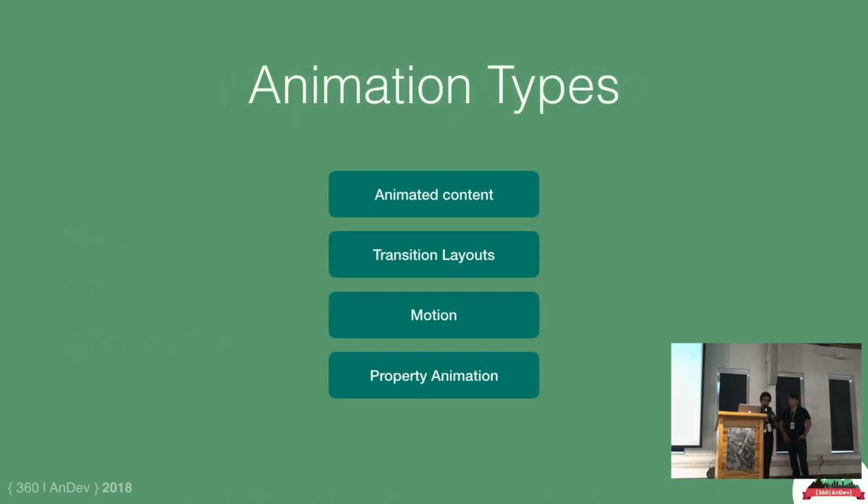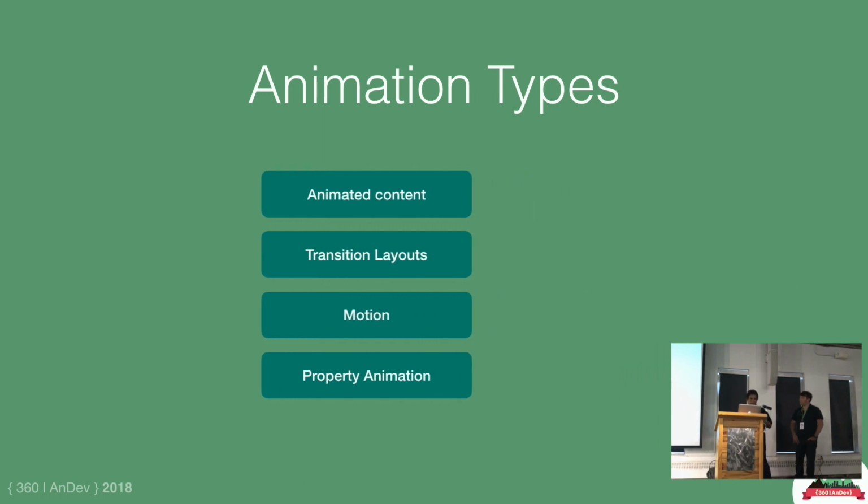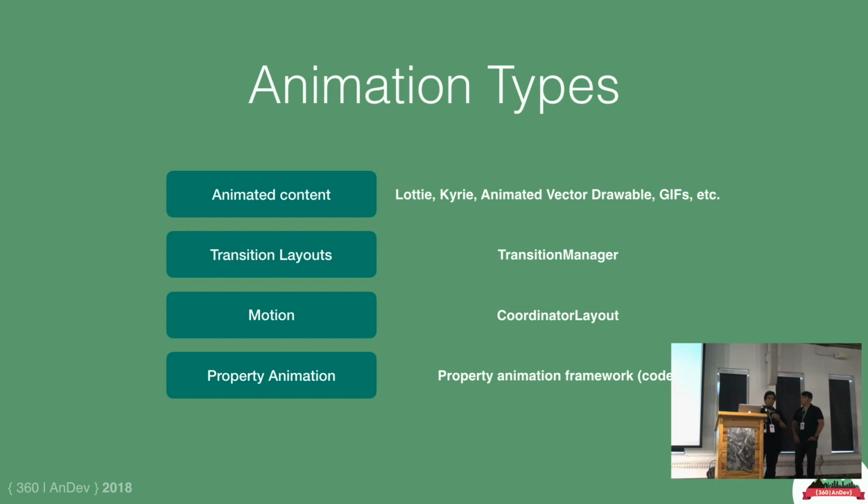So let's scope it a little bit. We have 4 basic areas of animation we can talk about. Animated content, and we talk about Lottie and a bunch of other toolkits, or animated vector drawables, or just GIFs. But below that, you have Transition Manager.